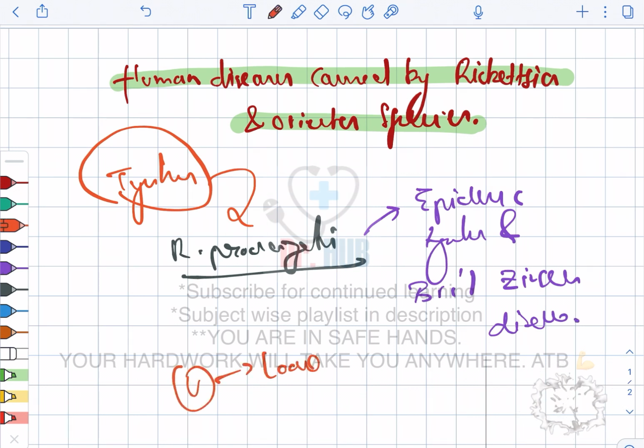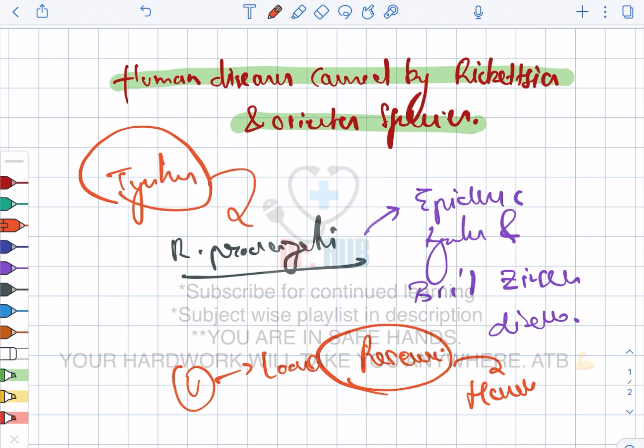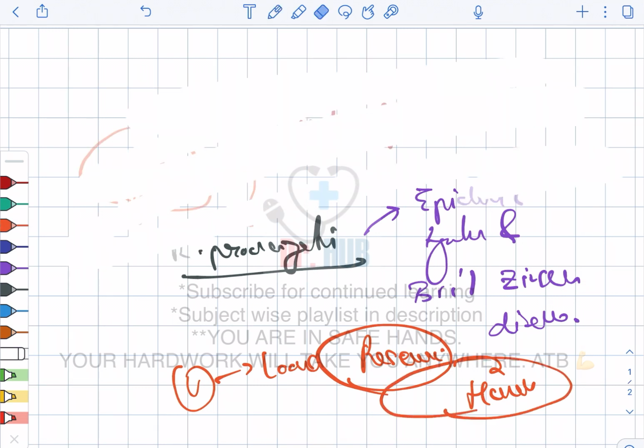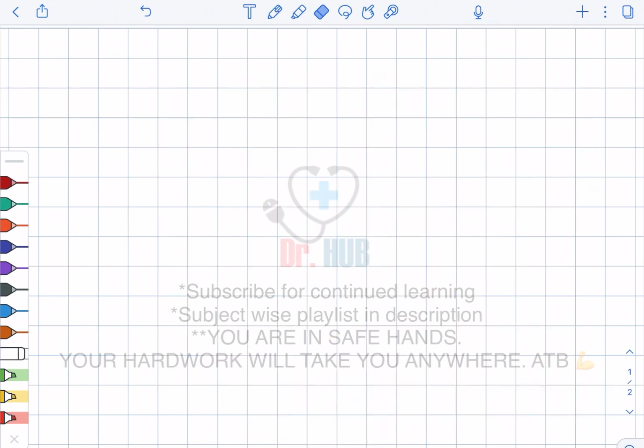The vector here is the louse and the reservoir is humans. Now looking at the clinical features of typhus, it includes the rash, and there is no eschar.